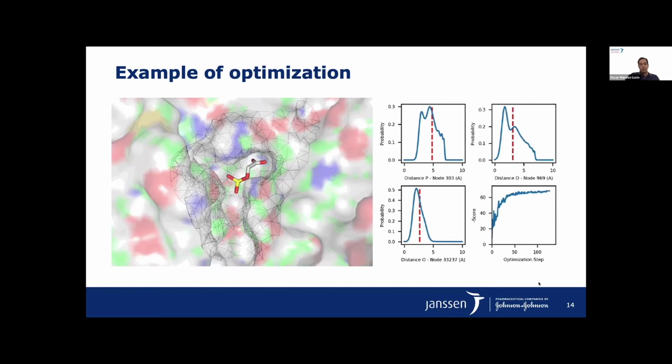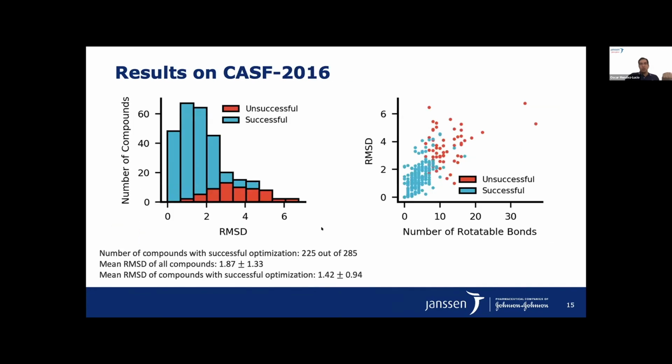So having this, if we can score, we can optimize the conformation, then how well are we doing for this conformation prediction? What we did is we redock, or create the conformations from, all the 285 compounds in the CASP dataset. As you can see, most of them converge quite well.